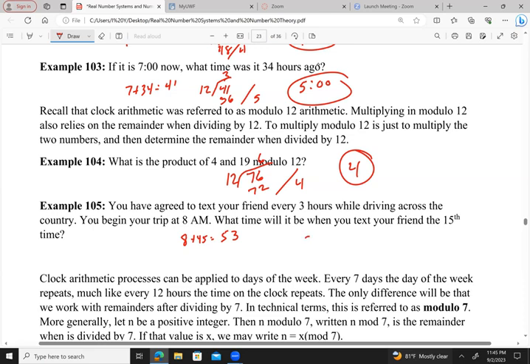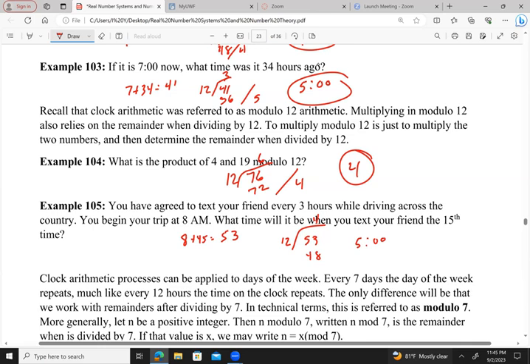53, 12 goes in 4 times, 48. So we know 5, but then we have to think, okay, so we go around 4 times.